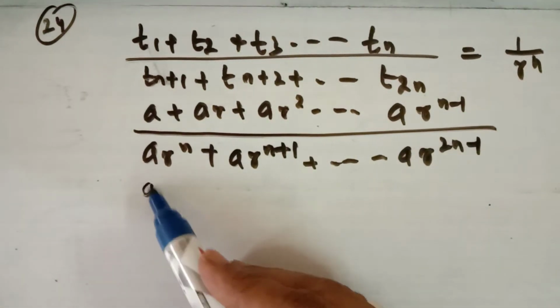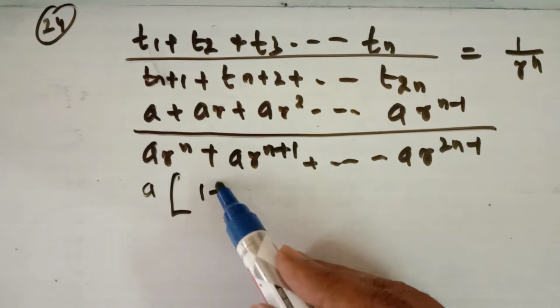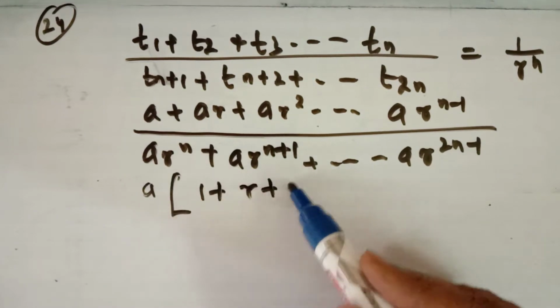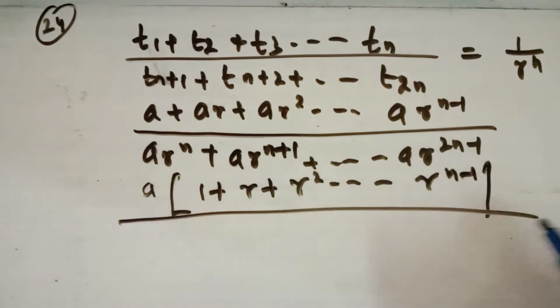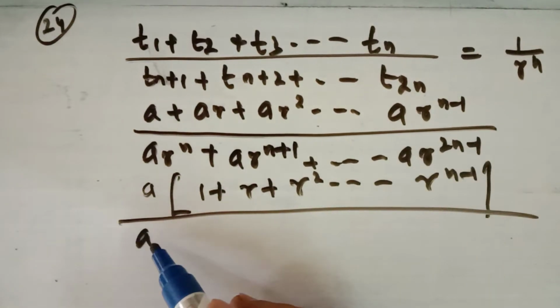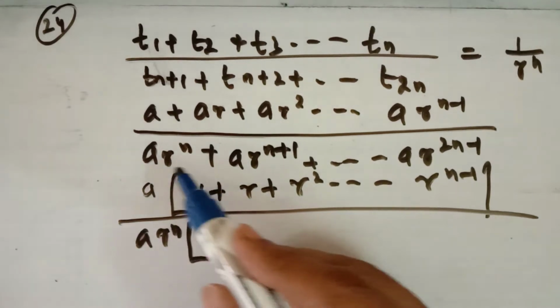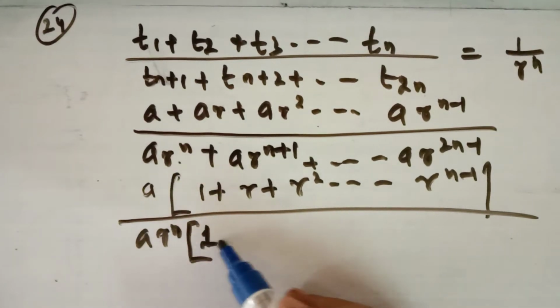Now you can easily take A common in the numerator, so it will be 1 plus R plus R square up to R raised to power n minus 1. Similarly, in the denominator you can take A and R raised to power n common, and you will get 1 here.